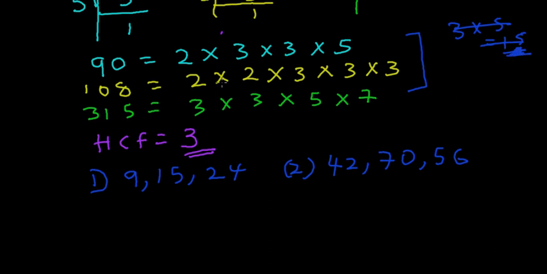But in the case where there is only one common factor, you just write the only factor that is common in all the numbers. So in finding the HCF for some numbers, it could be just one factor like we have in this case, and that would be the highest common factor.